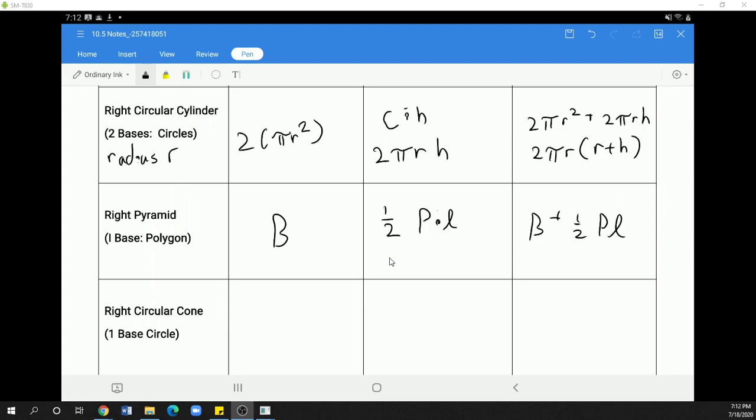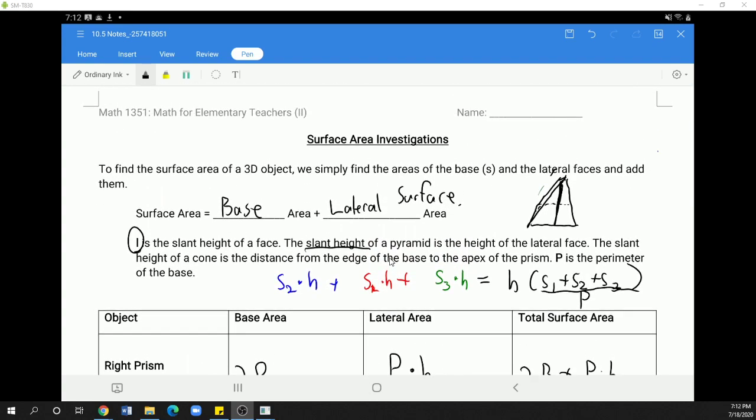For a right circular cone, what changes? So let's go ahead and draw the cone. Again, I should not draw the whole base the first time, but that's fine. So here's what our cone looks like. And cones are kind of nice because this is the slant height.